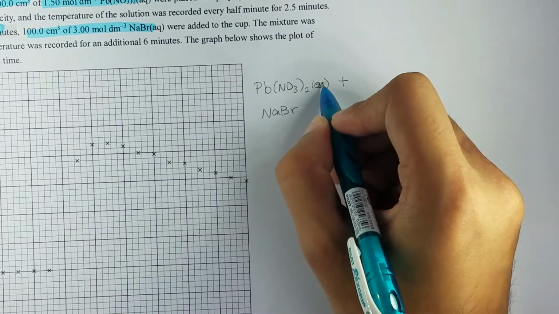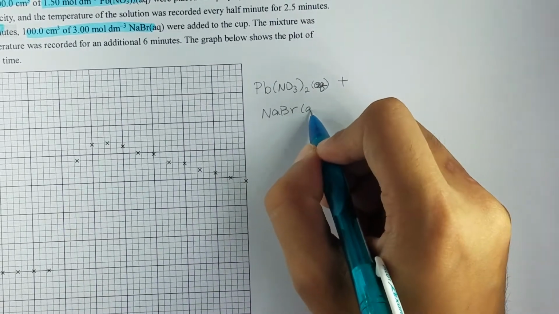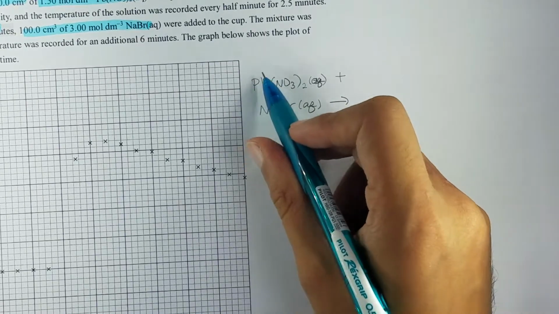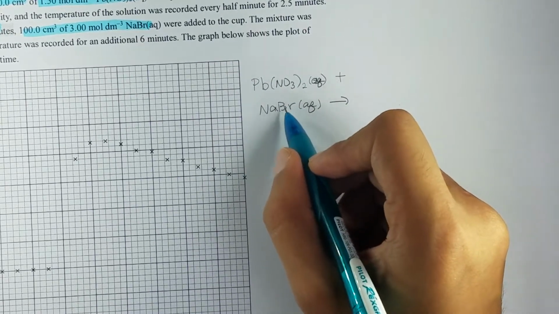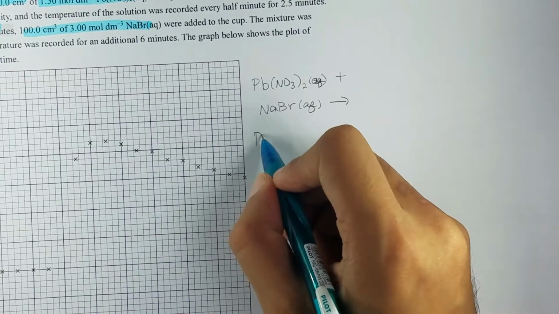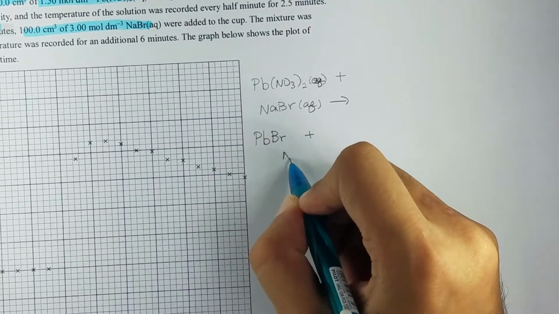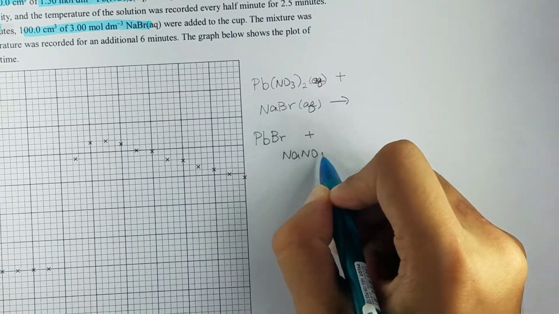Sorry, this would be aqueous. It will form, again, the cation will react with the anion. So we get lead(II) bromide plus sodium nitrate.